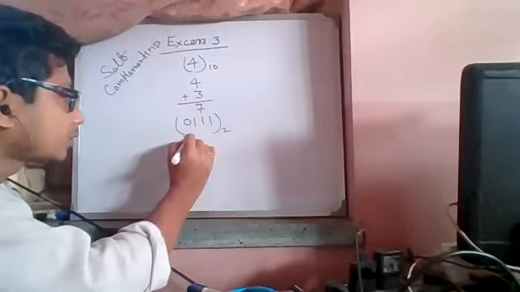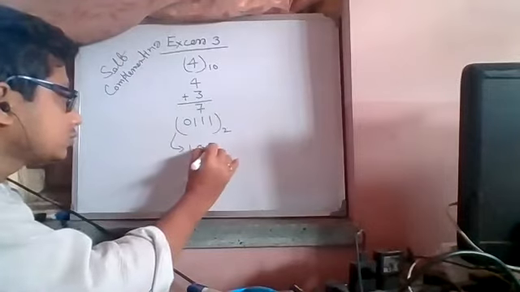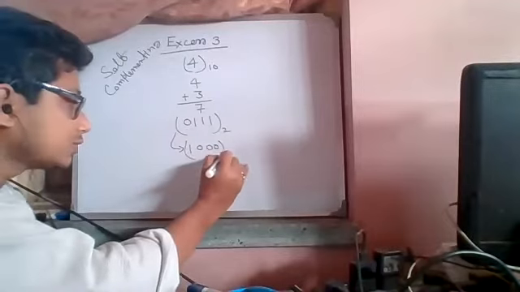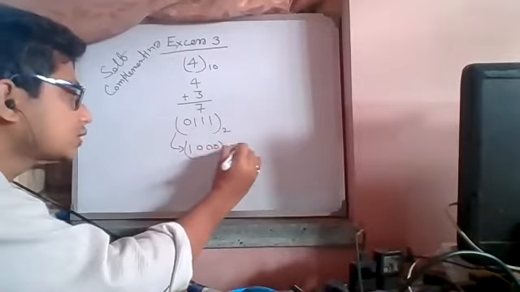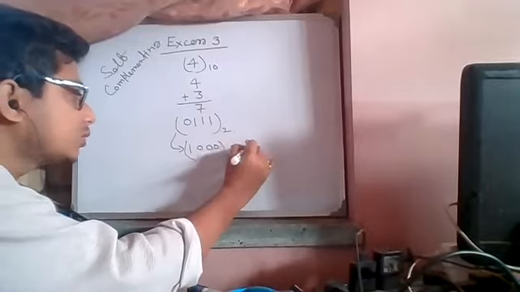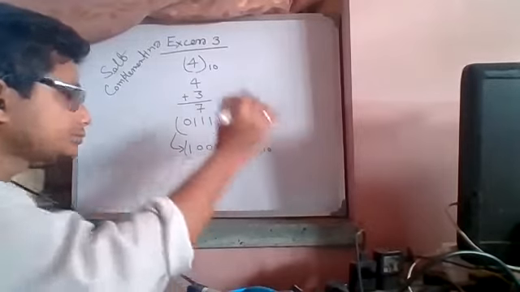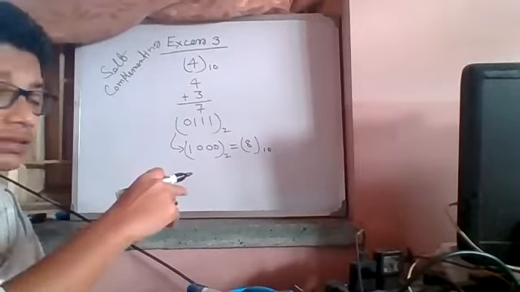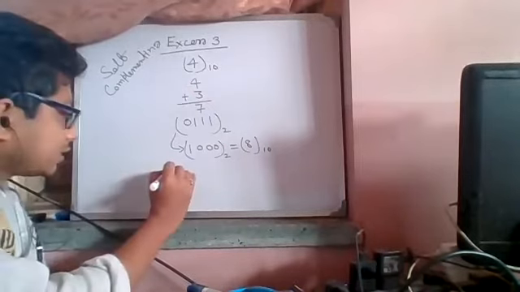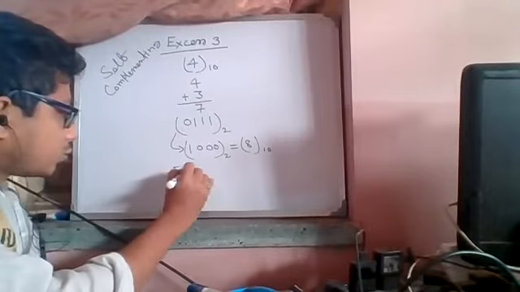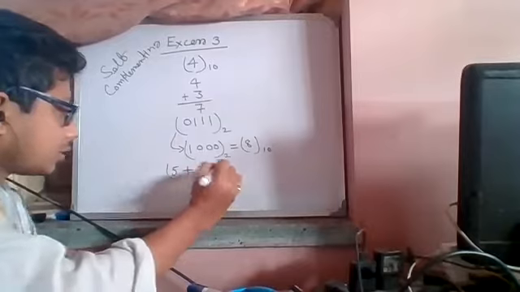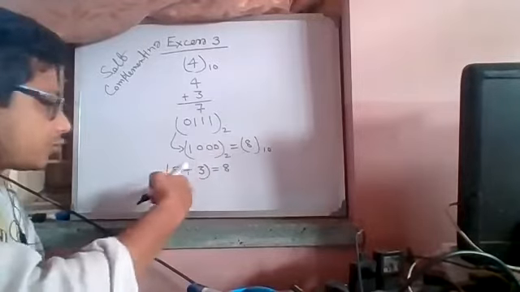Yes, this is the one's complement of this. Now this 1000 is how much in decimal? 8. So this 8 can be said to be the XS3 code of 5.